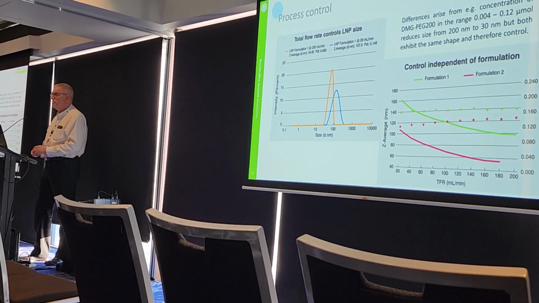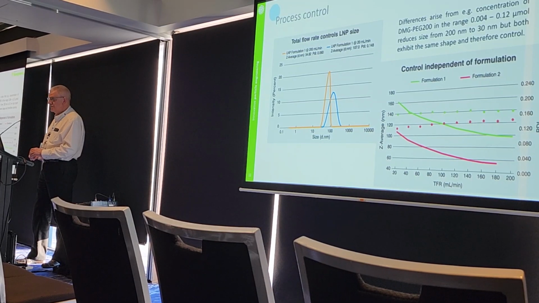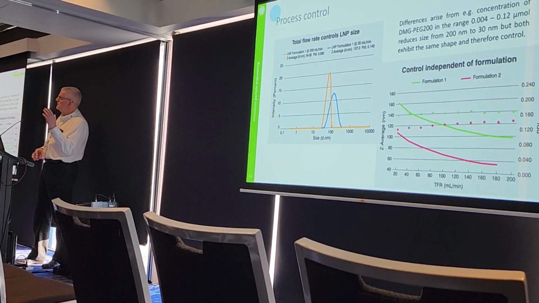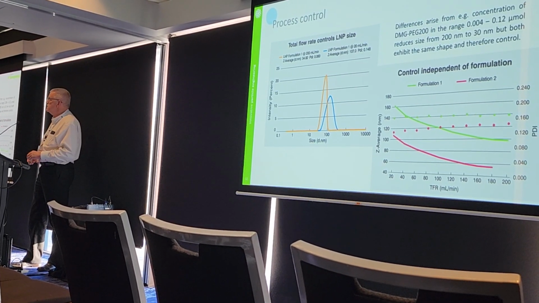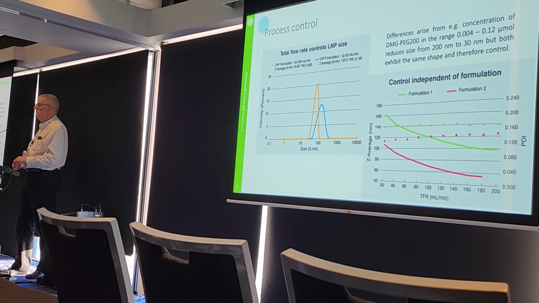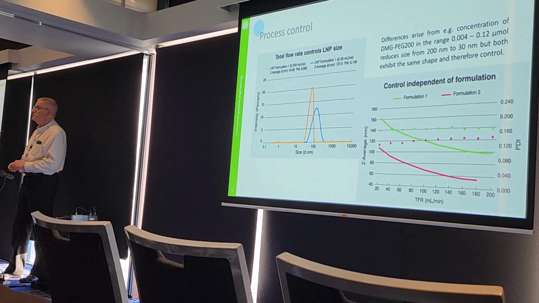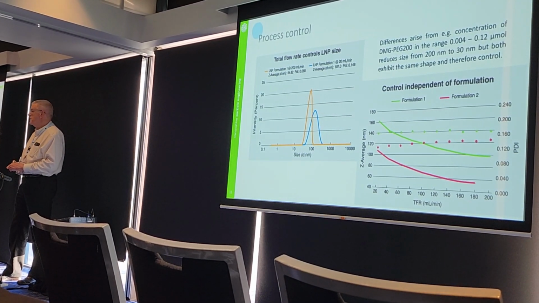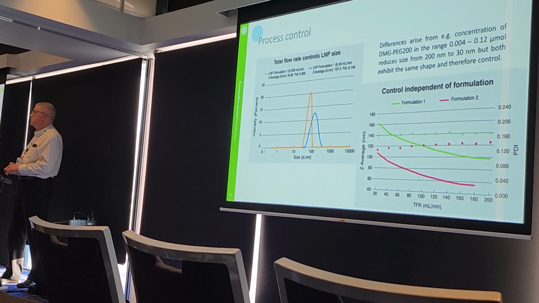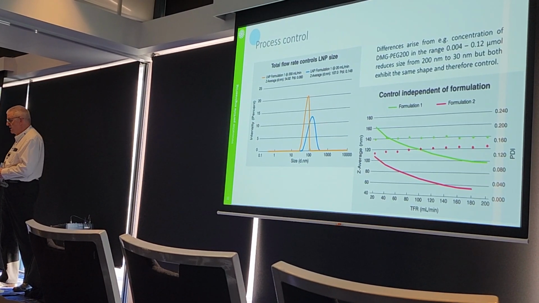Increase the flow to 200 mils a minute, and you come down in size, and that means that you also get a narrower size distribution. So this time we're now down at around about 55 nanometers in size and a 0.06 PDI.